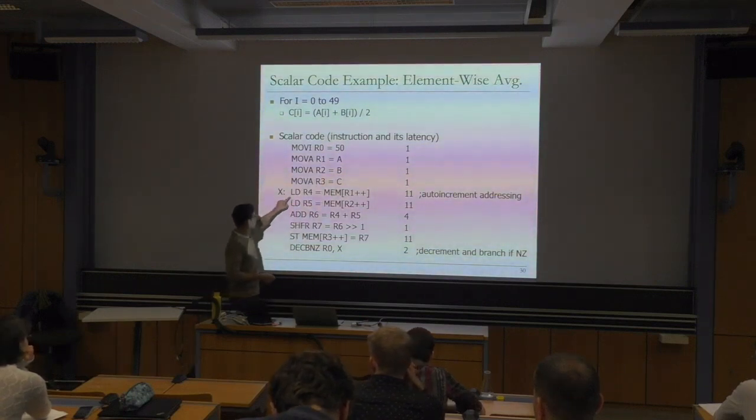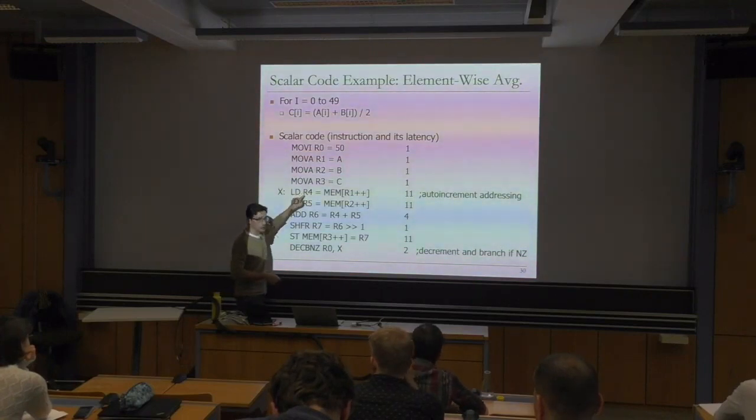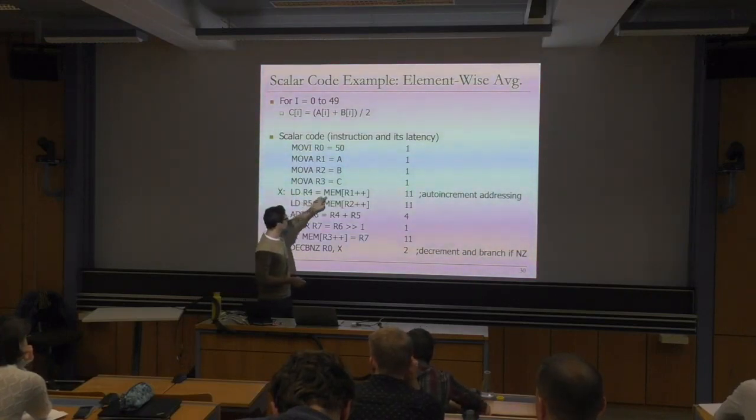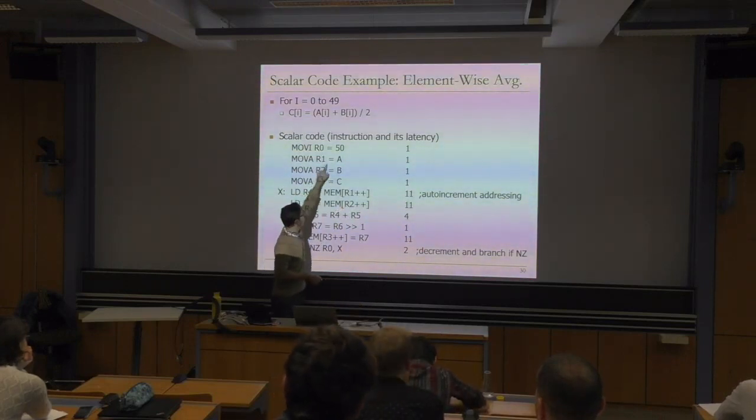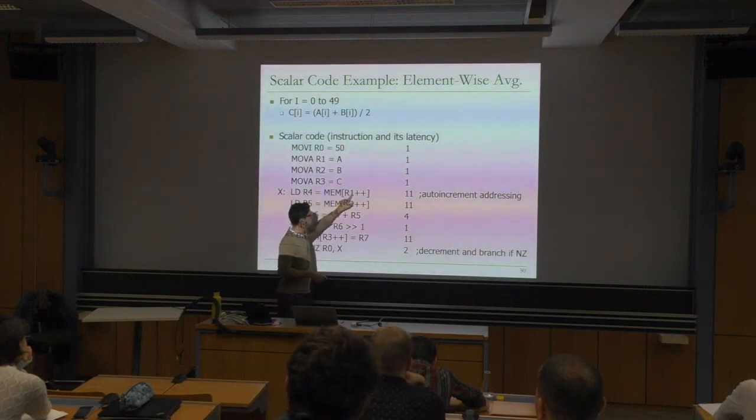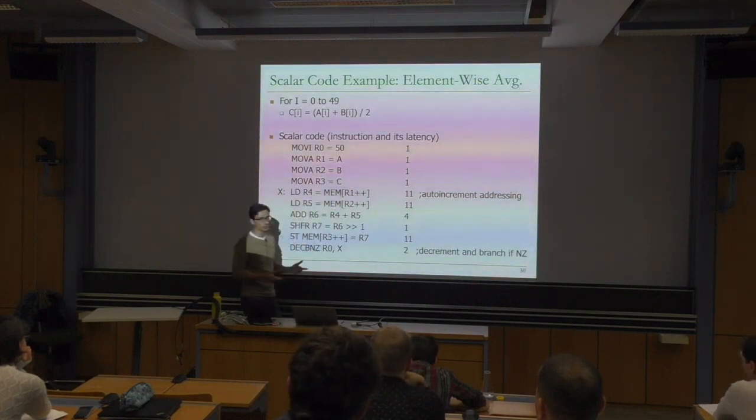Next thing that we have is a load instruction to load here into R4 something that we are reading from memory, and in particular we are reading R1, which is A. And then we have here some sort of auto increment addressing.